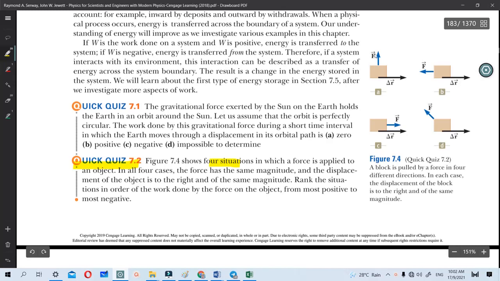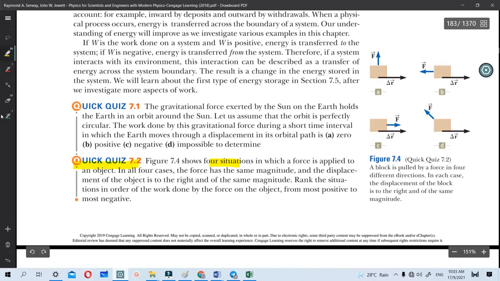They have the same magnitudes of F and the same magnitudes of displacement. So you are to rank the work from most positive to most negative. Here we learn as well that work can be negative. And something to recall: work is negative for friction because energy is turned or lost from the object.